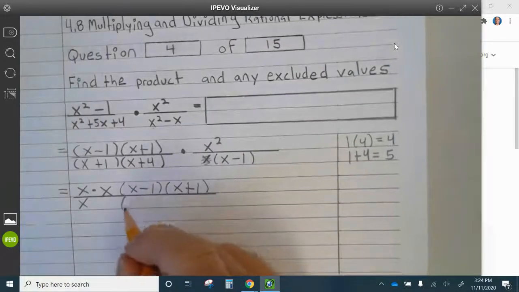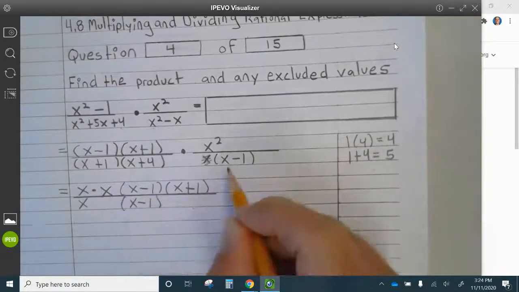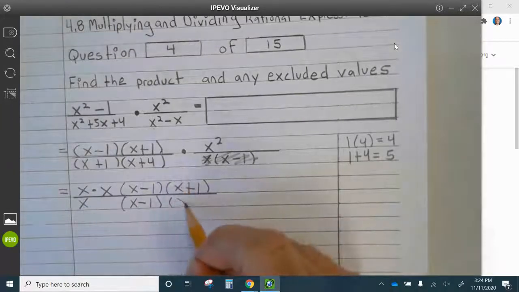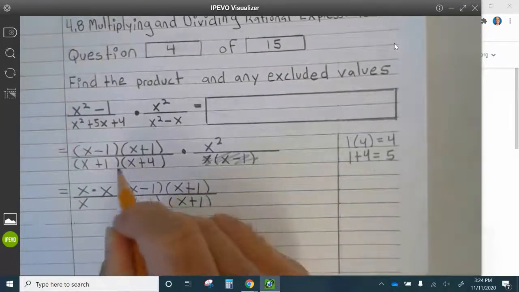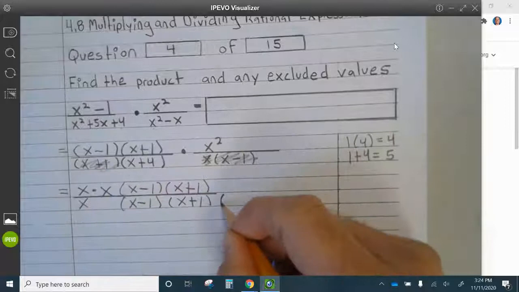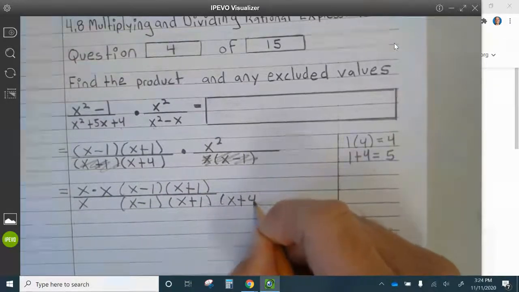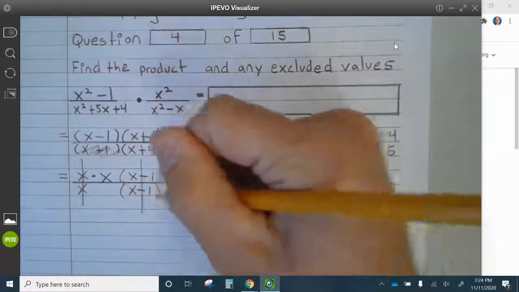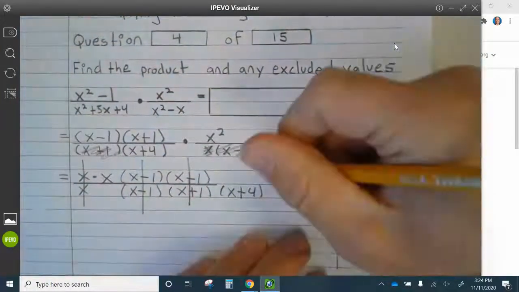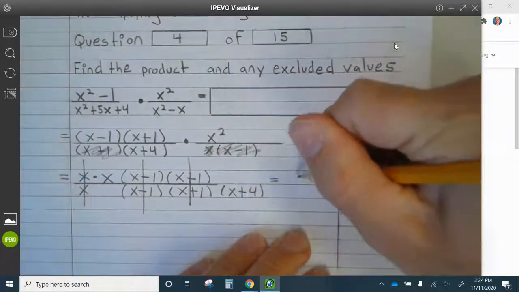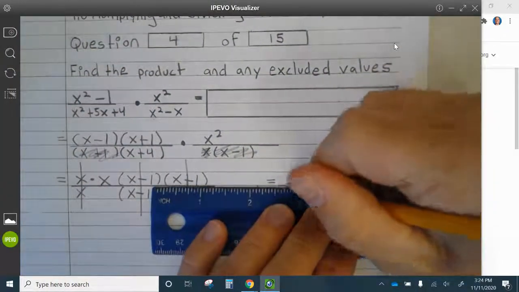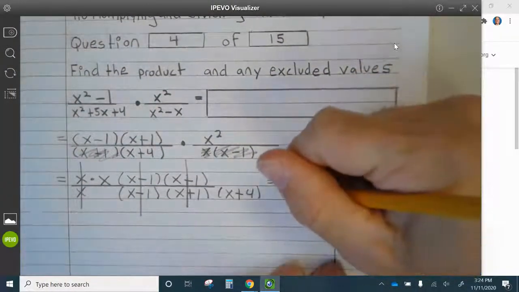We have that, so x minus 1, so I'm done with that. Do we have an x plus 1? We do, x plus 1. Done with that, and then we have x plus 4. Okay, now this divides and becomes 1, that divides and becomes 1, that divides and becomes 1, and we're left with now x divided by x plus 4.